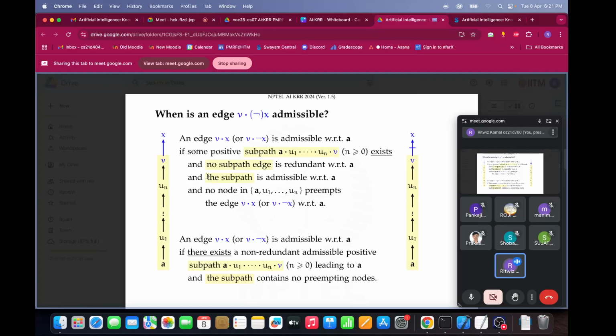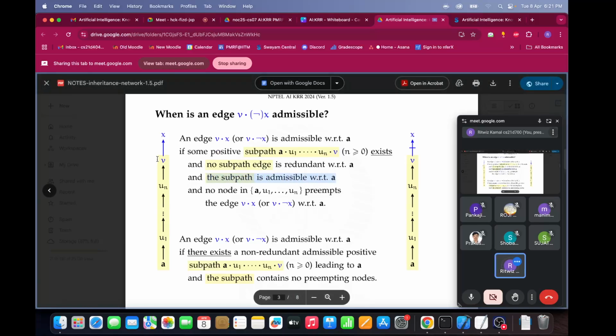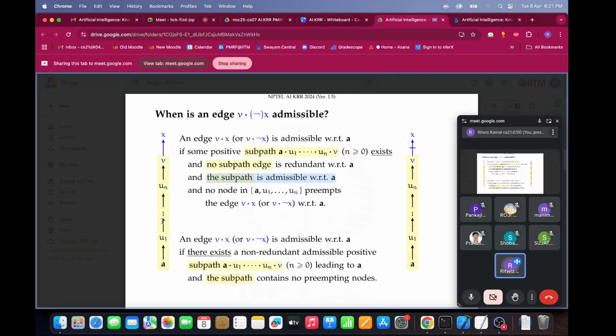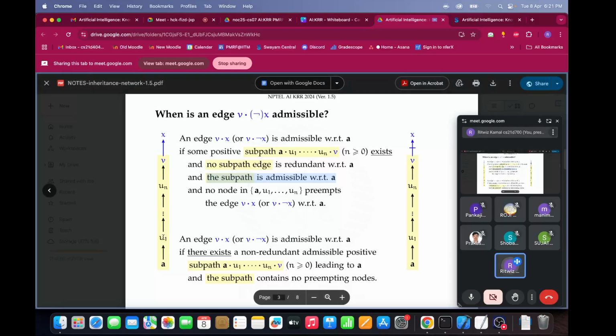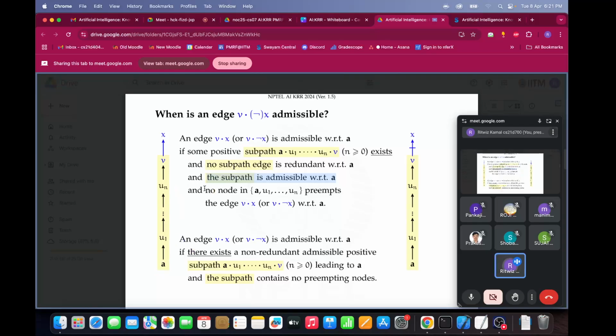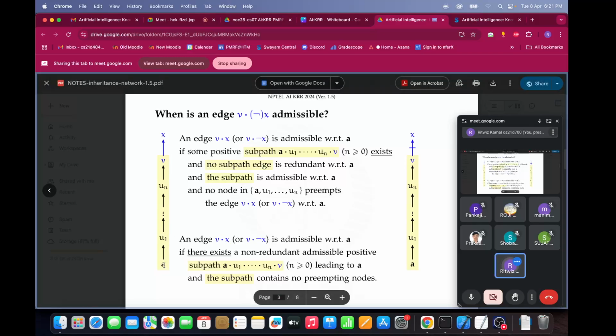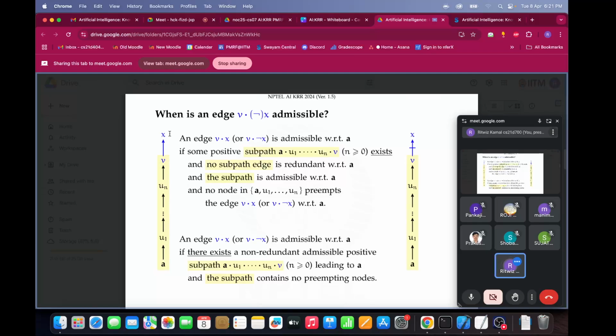Then we also have to check that the subpath is admissible with respect to A. So the subpath that we are considering, in a recurrent relation kind of way, itself has to be admissible with respect to A. And then the final condition is that no node in this set from A and the intermediate nodes till before V preempts the edge V2X or V2 not X. Also, we don't know till now what exactly is meant by preemption, but we will have a look at that.